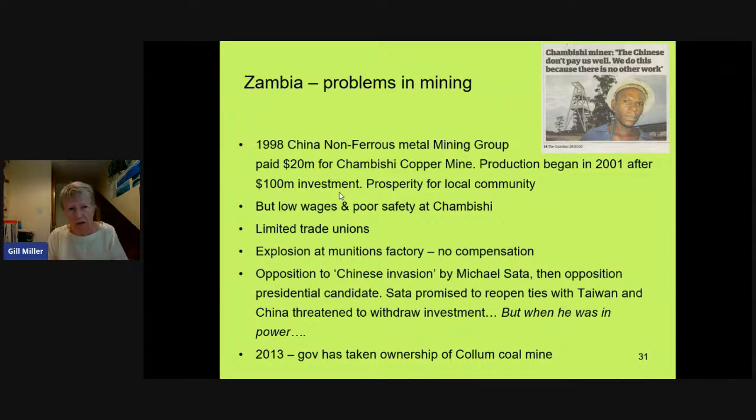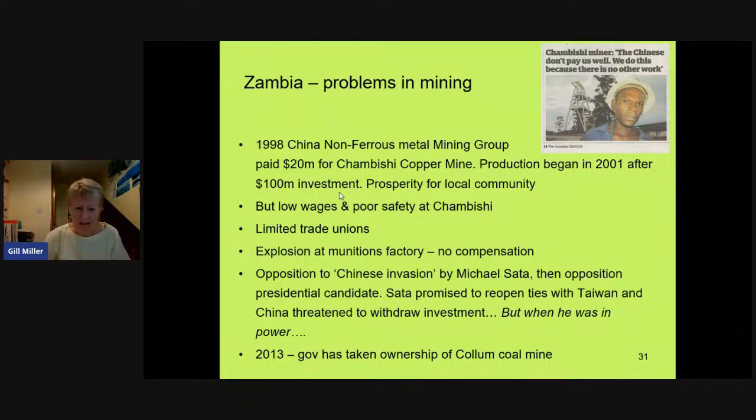And it was a vote winner for Michael Sata, who was the opposition leader. He was objecting to the Chinese invasion, as he called it. He became president in 2013, and then he actually reneged on his promise to reopen ties with Taiwan.